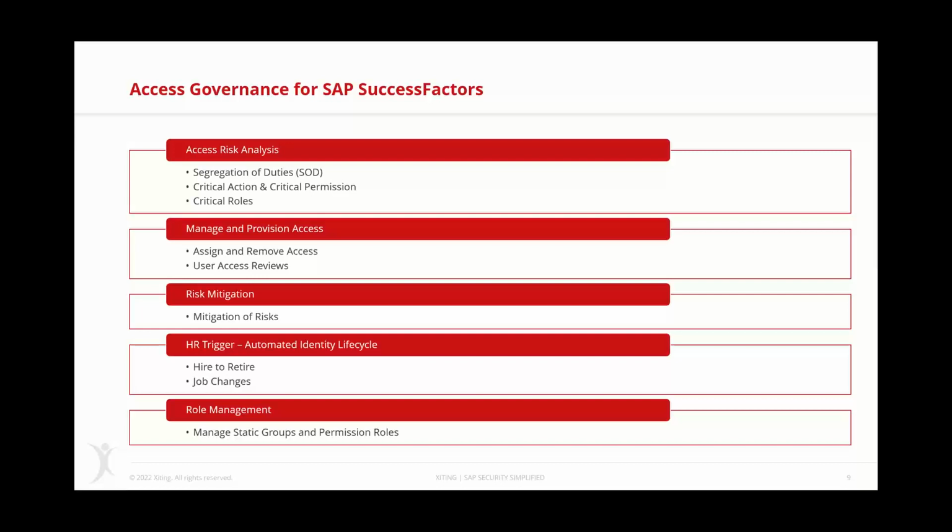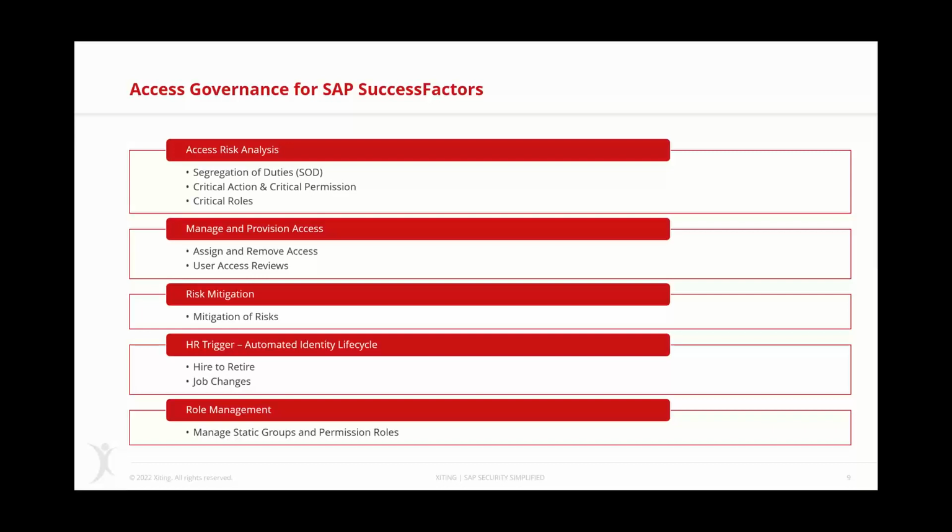For HR trigger, at the end of the day, it works very similarly to how it used to work with SAP HR on-premise, where basically we get the event into Access Control. We then define different rules, what's supposed to happen. And then, for example, in a simple scenario, we can create an access request to create a user or to delete the user, and whatever we define as part of that process.